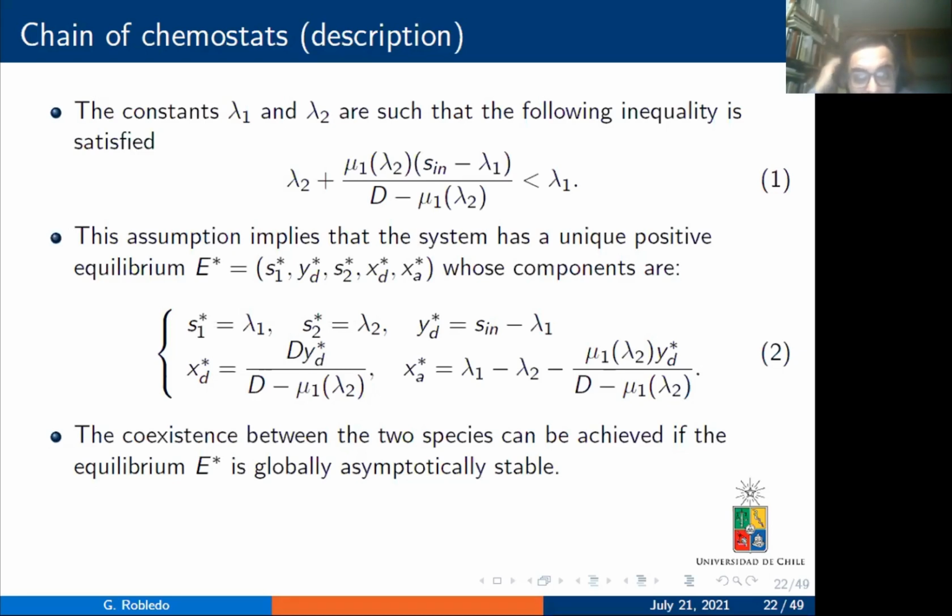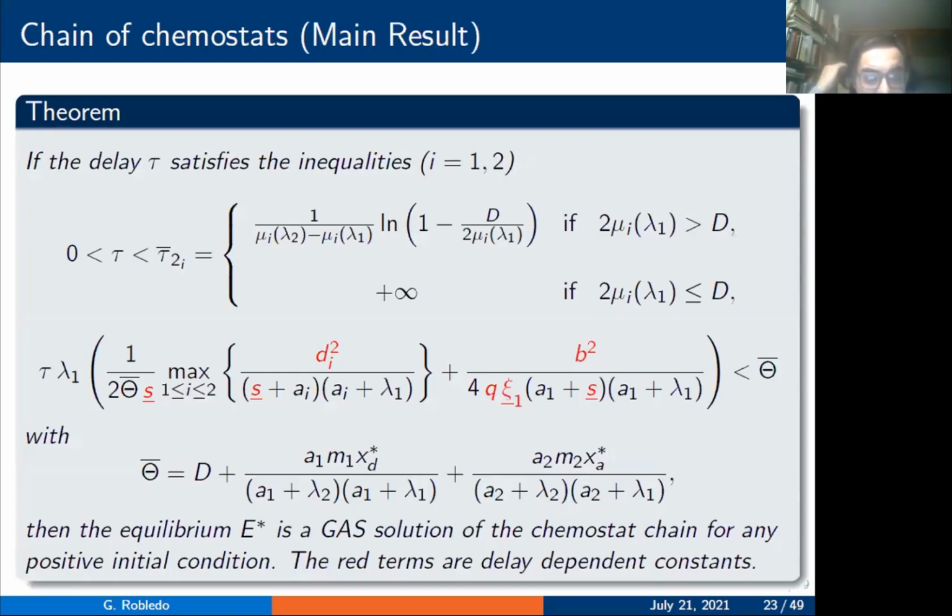So originally, we have competitive exclusion. If we prove that this equilibrium is globally asymptotically stable, we have avoided the competitive exclusion, and we have promoted the coexistence between two species in competition. This is our main result, which provides sufficient conditions ensuring the global stability of this equilibrium E star.